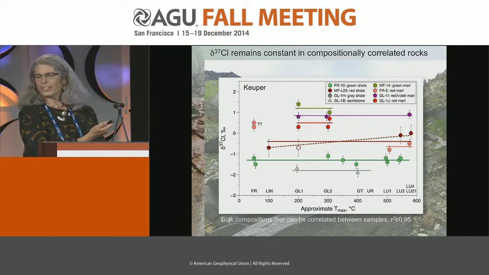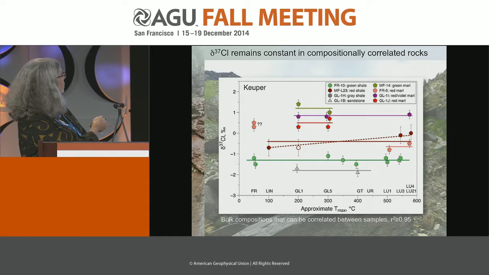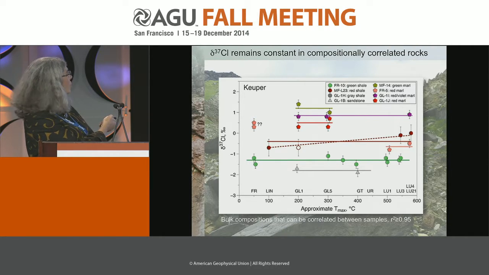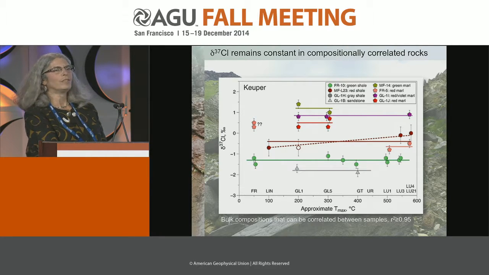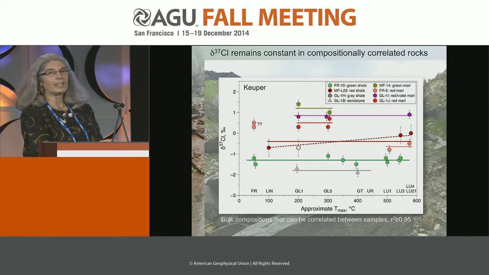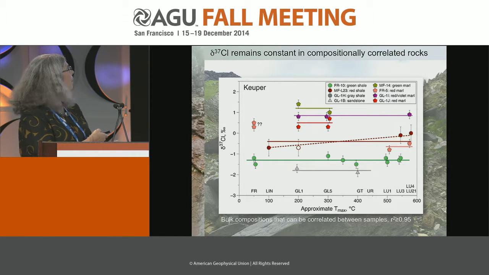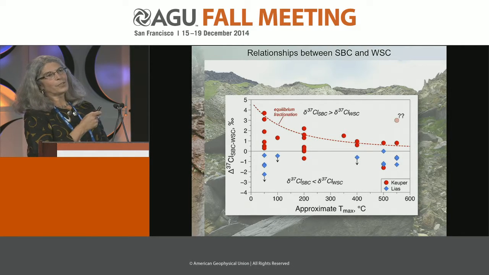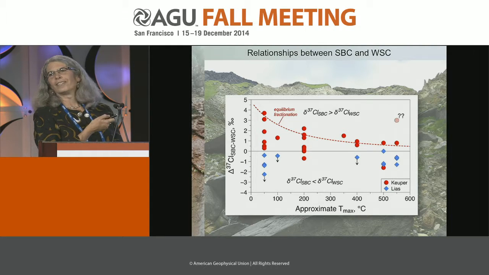So in other words, when I see a metamorphic rock that has the same composition as this rock here from this same setting or series of rocks, it will not have changed its composition during 500 degrees of metamorphic devolatilization reactions.